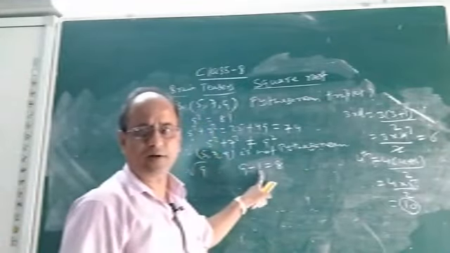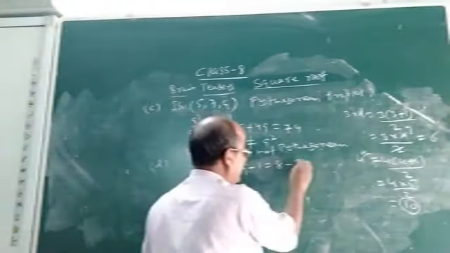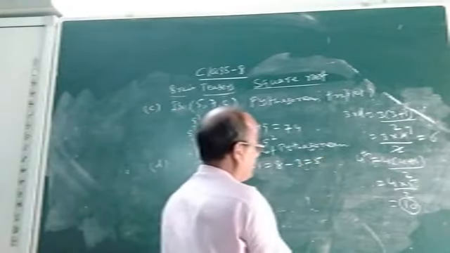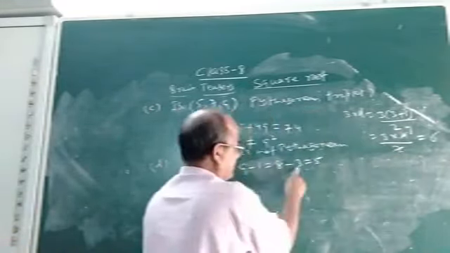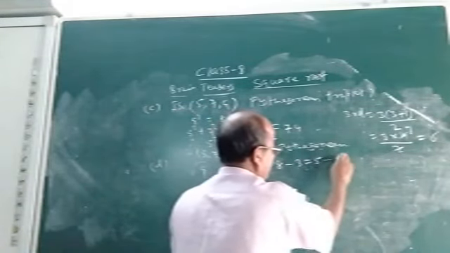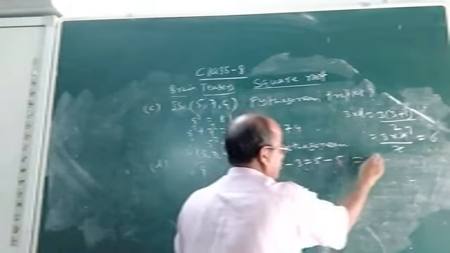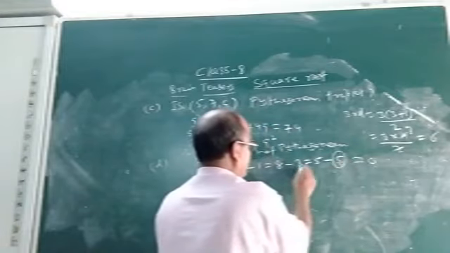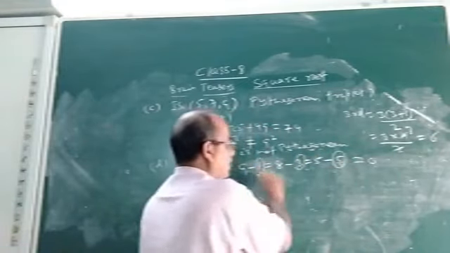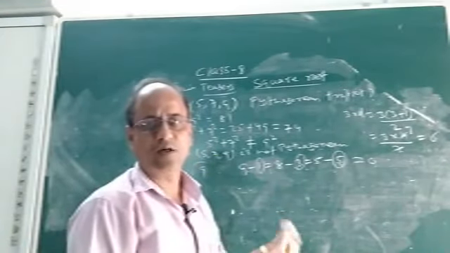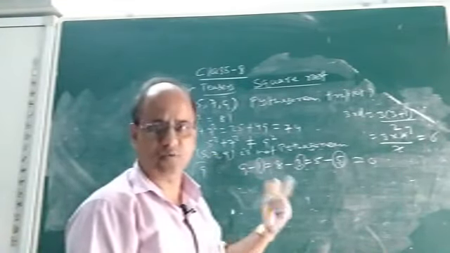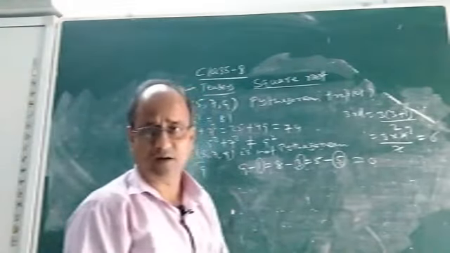Now what is the next odd number? 3. Subtract 3 again, it will be 5. Then what is the next odd number? The next odd number after 3 is 5. So 5 minus 5 will give you 0. Now see, how many consecutive odd numbers did we subtract to get 0 at the end?